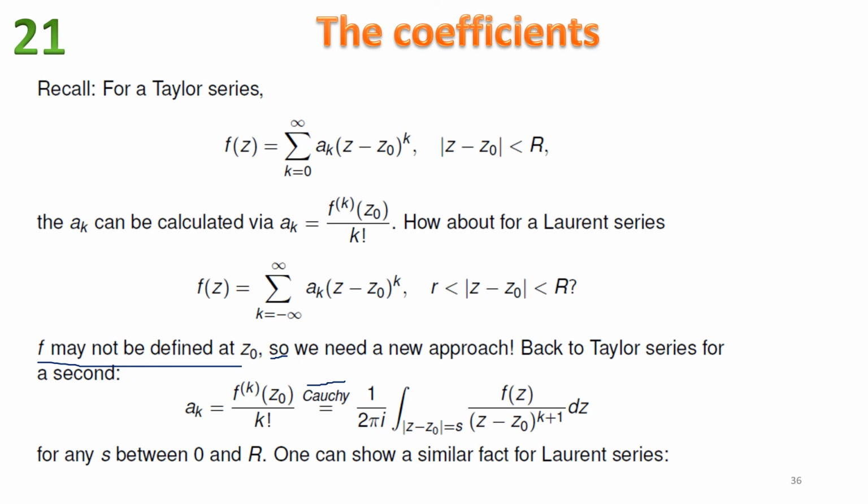So a_k, which is the kth derivative of the function at z0, and the function may not be defined at z0, divided by k factorial, is equal to 1 upon 2 pi i integral over a circle of radius s, which is less than capital R, of f of z upon z minus z0 to the power k plus 1 dz. So here s is between 0 and capital R.